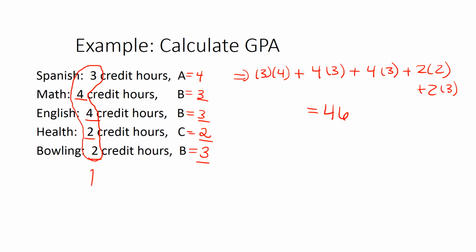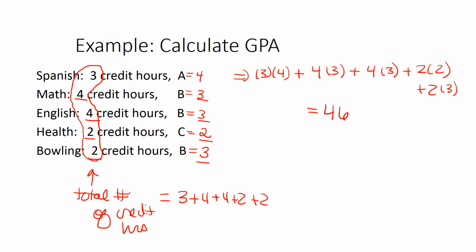All right, so the total number of credit hours is 3 plus 4 plus 4 plus 2 plus 2, 7, 8, 9, 10, 11, 15. So we're going to take our 46 and divide by 15. I think the most common error is that people add up these and divide by that, but that doesn't even make sense. You need to make sure that you divide by the total number of credit hours.